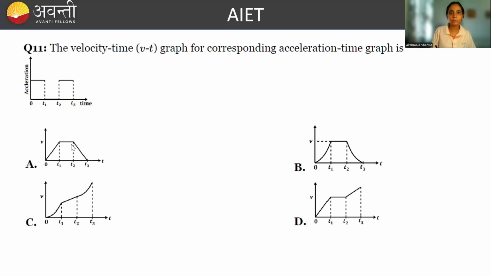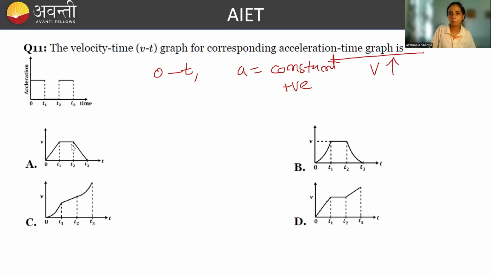Okay? Now let's do this question. The velocity time graph for the corresponding acceleration time graph is. So acceleration is given. You can see here between time 0 to t1, acceleration is constant, and it's positive also. It means velocity has to increase linearly.